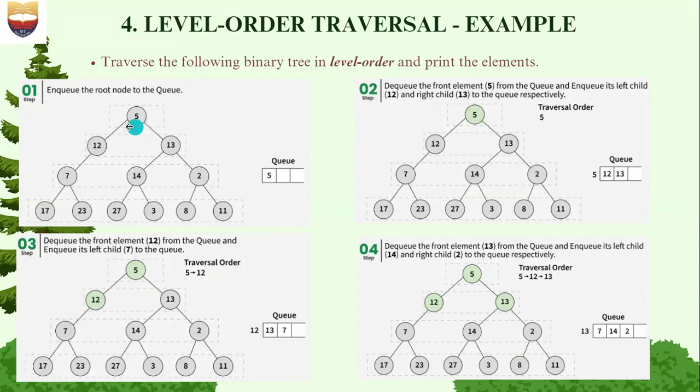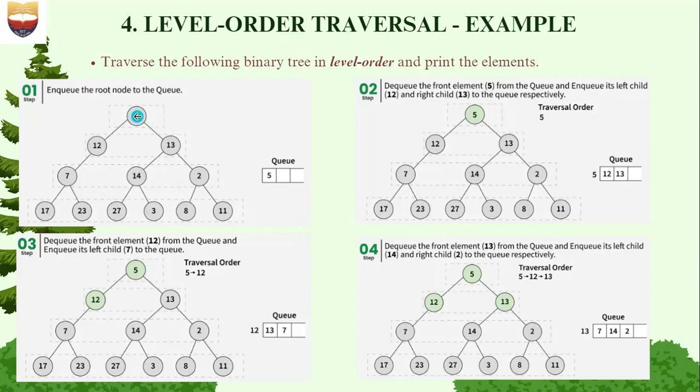Okay. So the given binary tree is this one, right? And here we are going to perform level order traversal. Let us start our traversal from the root node of the tree because it is at level 0, which is the first level of the tree, right?